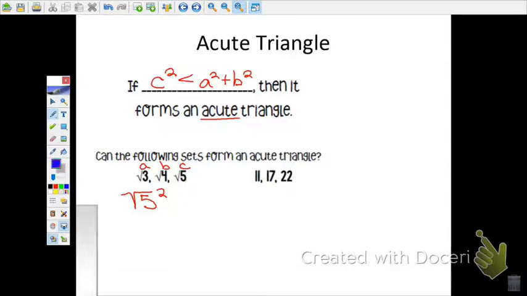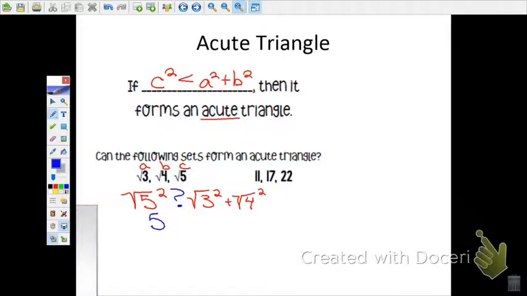So right now I'm just going to put a question mark there because that's what we need to figure out. And then I have the square root of 3 squared plus the square root of 4 squared. Now I need to work it out. What is the square root of 5 squared? It's 5. Squaring a square root, those cancel each other out. So we just have 5.